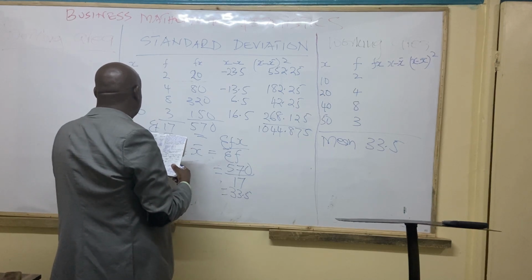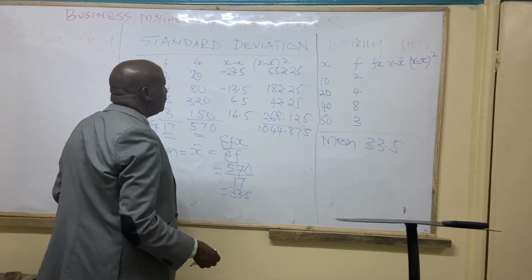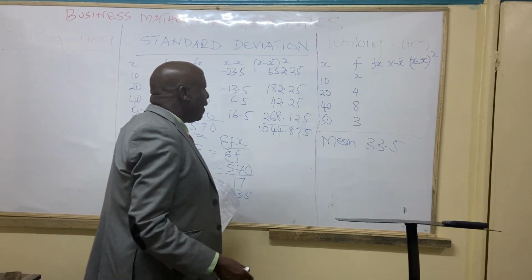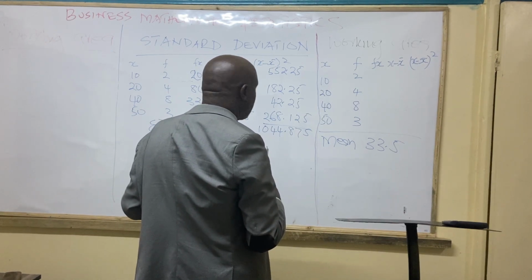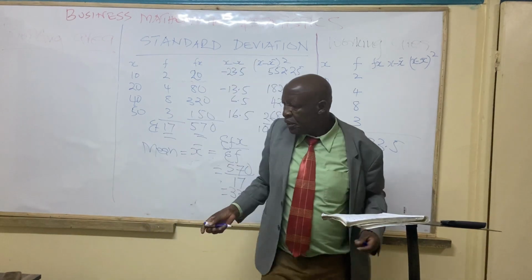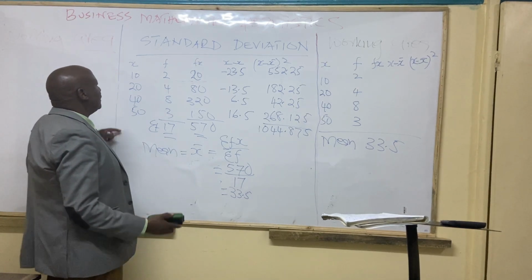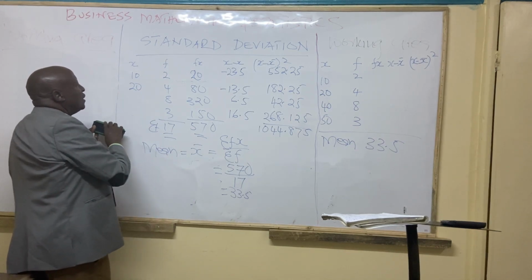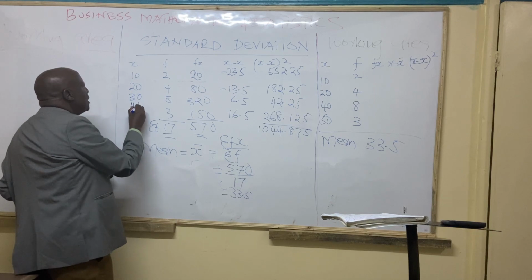However, we forgot it right here, 30. We skipped 30, then 40 and 50.